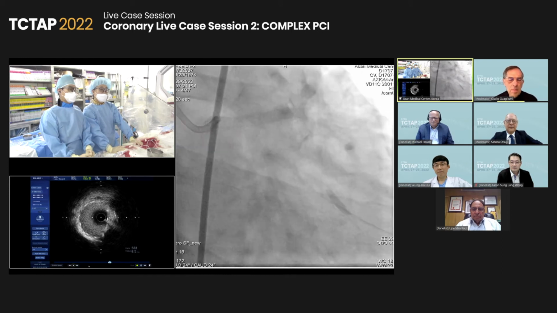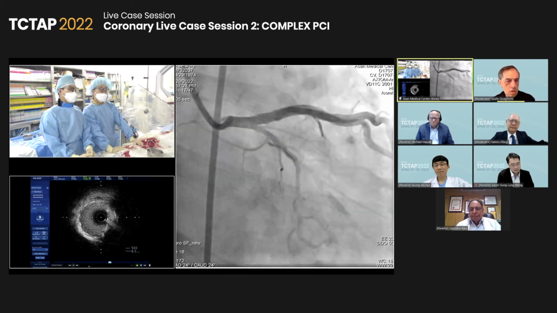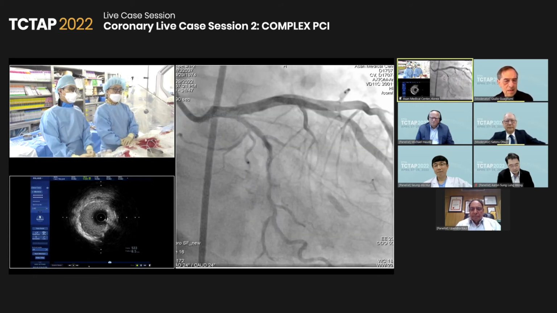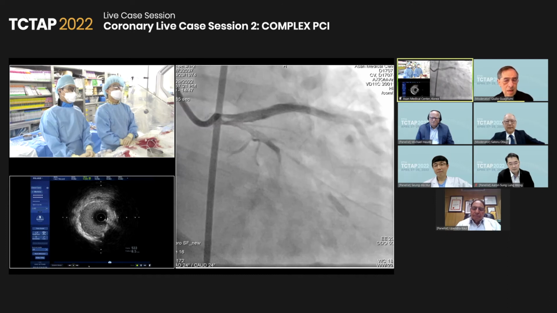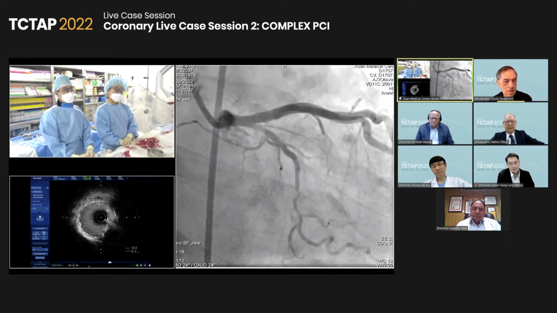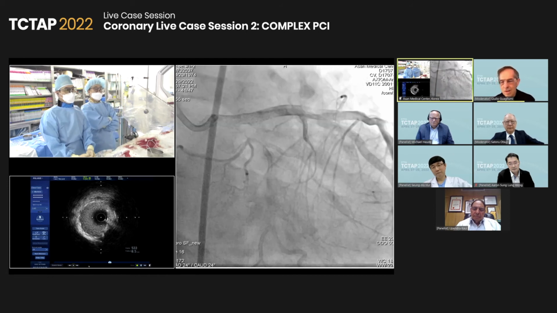Do you have any experience? Okay, there is experience, but the data are not conclusive in my view. So we still need to investigate this aspect. That is quite interesting in a case like this one, with a vessel that is not very big in size. So it seems very interesting.